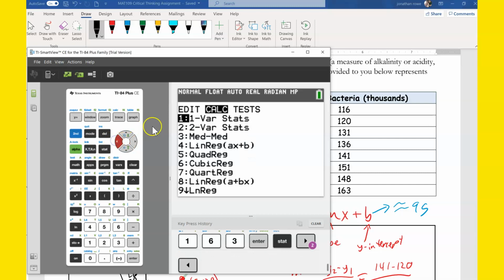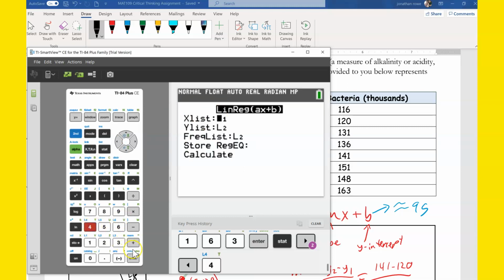I go to Calc, and I want to calculate LinReg ax plus b, linear regression. I'm still in the Stat menu, but instead of the Edit tab, I'm on the Calc tab, and I go to option 4, which is LinReg. So linear regression. I want the X list to be L1.